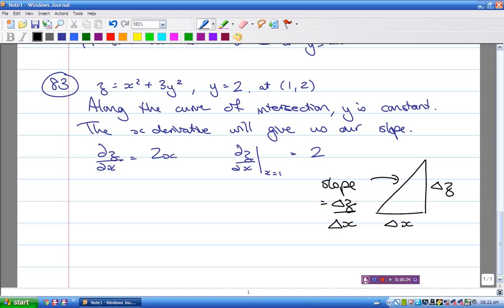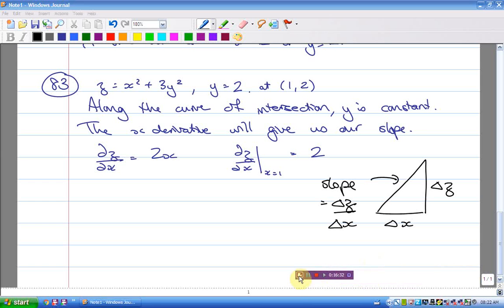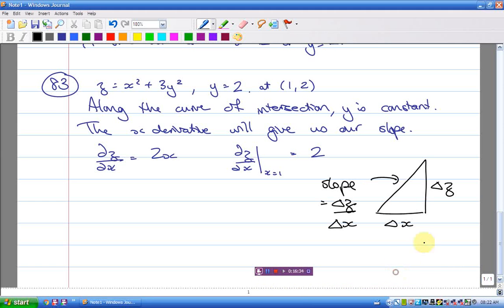So if I have a delta x of 1, okay, that dz by dx is the slope. Okay, my slope is 2. I've just worked it out.